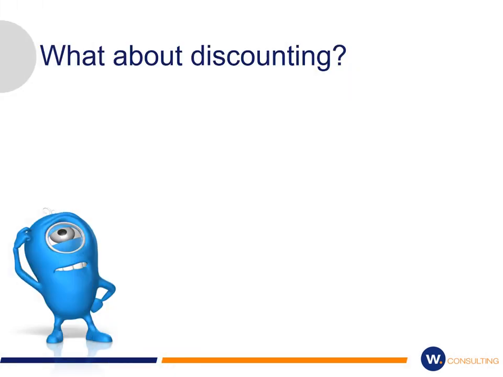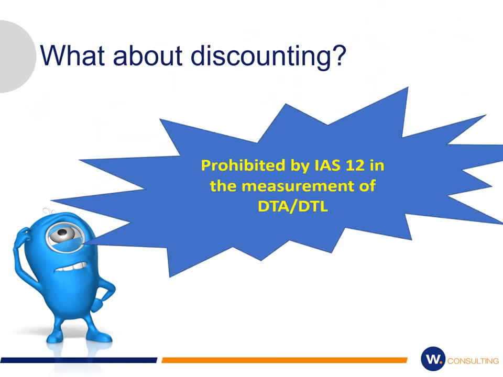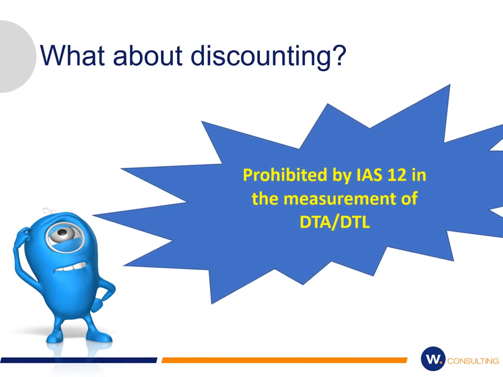What about discounting? In other words, if we say that the deferred tax is going to be payable in 3 years' time, should we then discount it to get a present value of the amount? The general rule is that we prohibit discounting in terms of IAS 12 in the measurement of deferred tax liability.